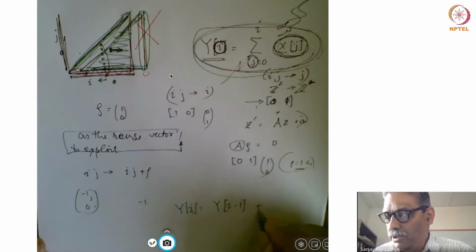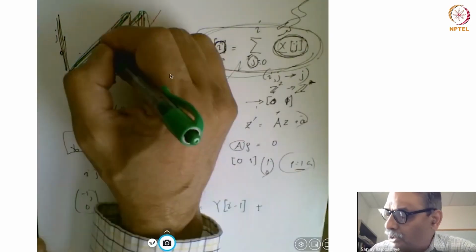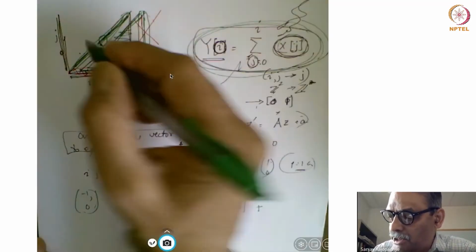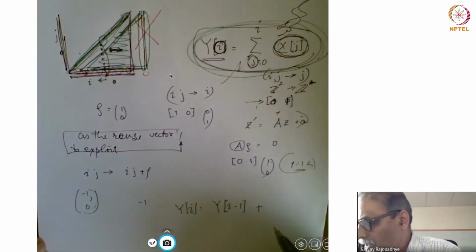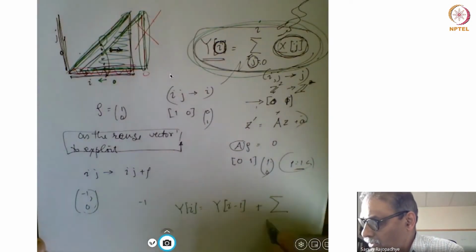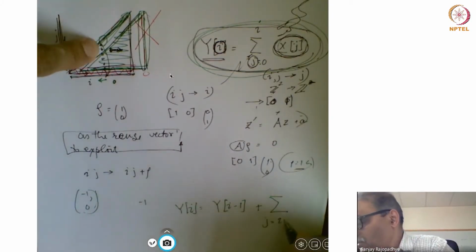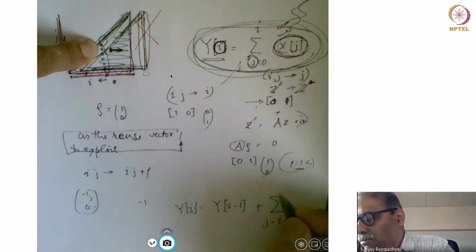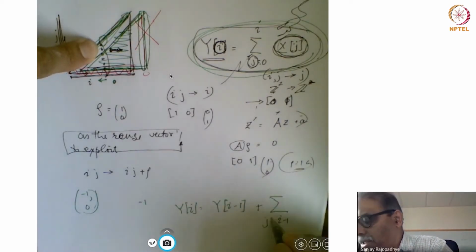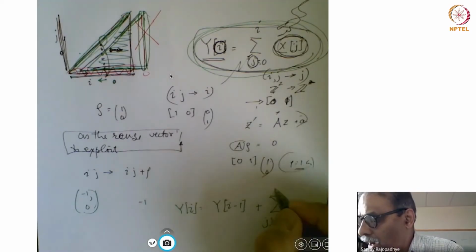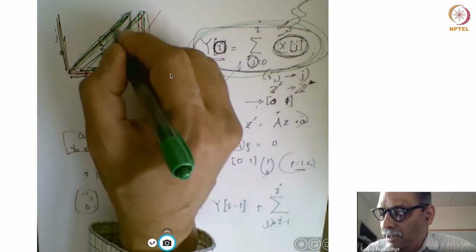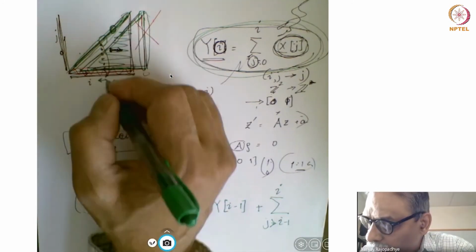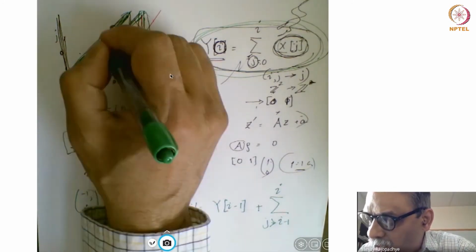plus the result of this whole sigma expression restricted to just this domain, which means plus sigma j equals i to i of x of j. So I'm computing this answer using this answer.